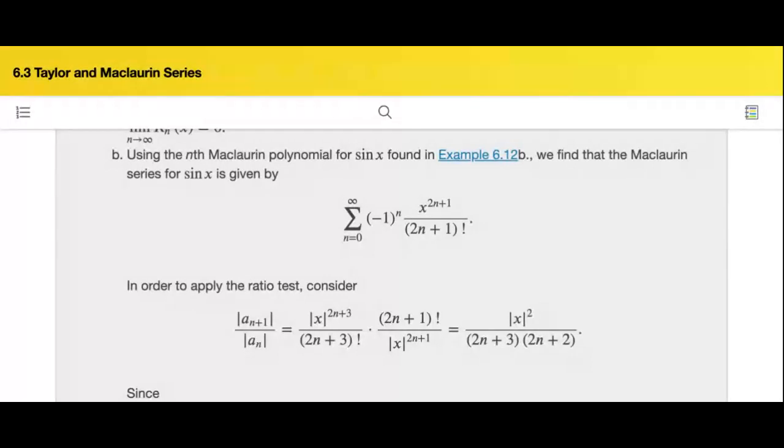If you want to review, go back to the previous one in the same section 6.3, where the textbook calculated e to the x, sine x, and cosine x. So here we just use that: sine x equals this Maclaurin series, and the nth term is (-1)^n x^(2n+1) divided by (2n+1) factorial.